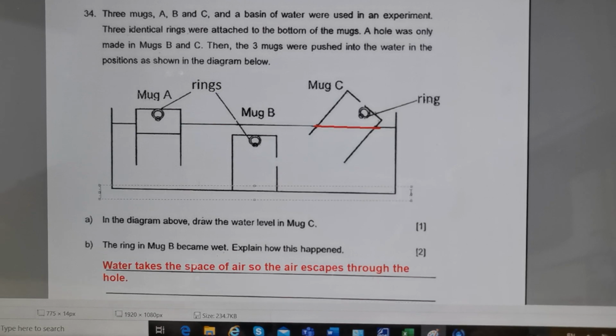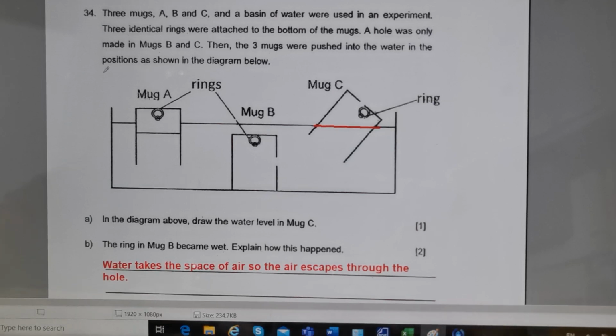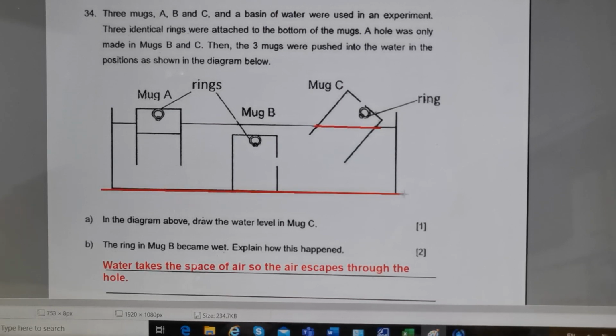Now imagine this is the table. Okay. So this is the table. So do you realize the line that is formed inside mark C is actually parallel to the line on the table? So do you understand now?